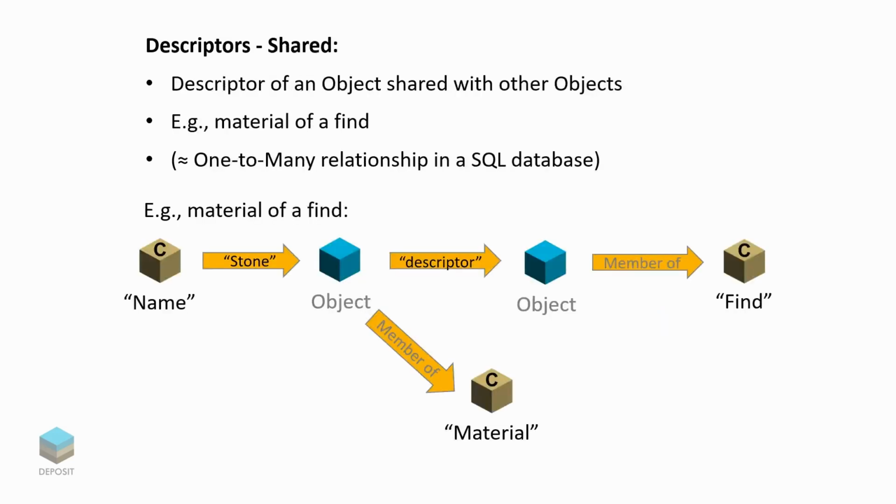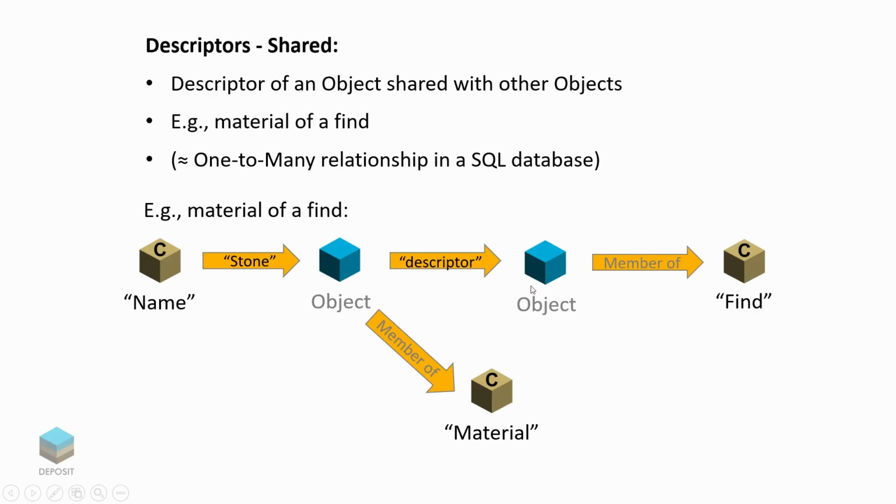Another type are shared descriptors, which are useful if we have some descriptor, some attribute that we would like to assign to multiple objects. For example, like a material. So in an SQL database, this would be the typical one-to-many relationship. In this rather more complex scheme, it's expressed as an object having the relation descriptor.